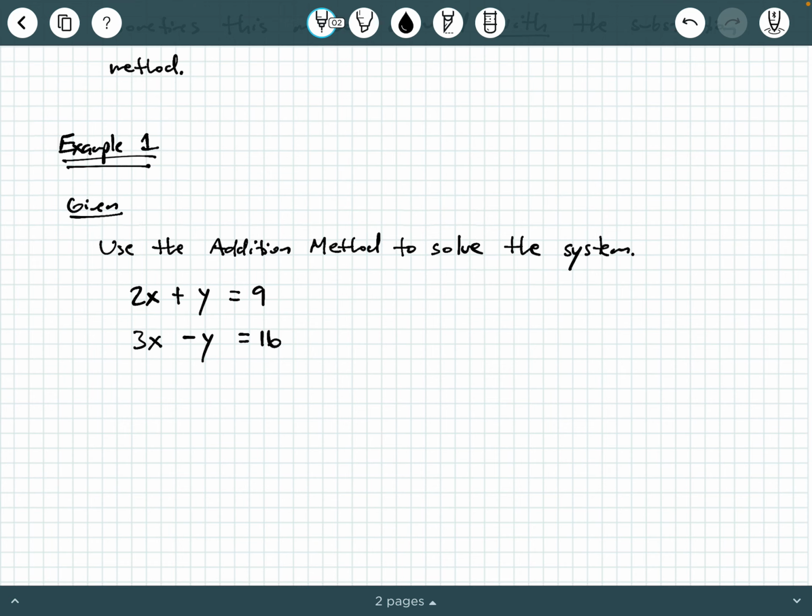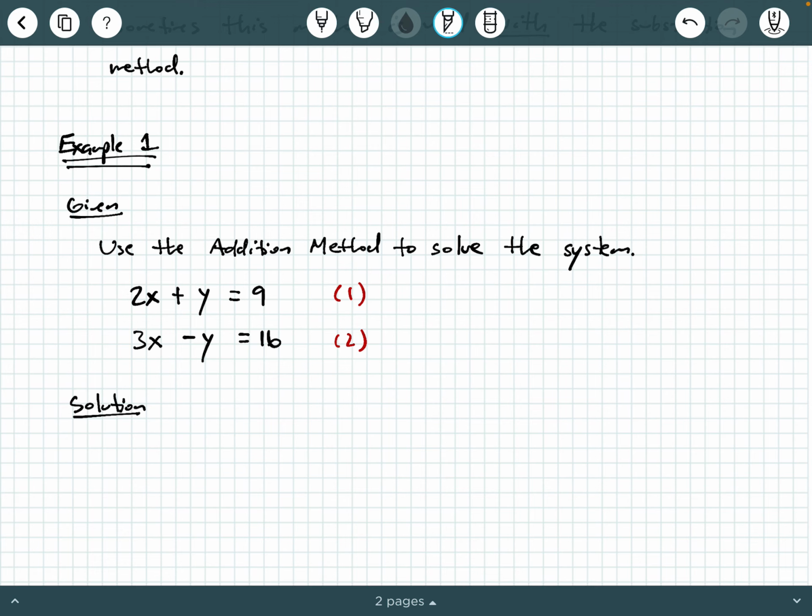Here we have two equations with two variables, so it's a system of simultaneous equations, and we can call this equation 1 and equation 2. From my other videos, I like to label my equations to help me stay organized. Solution: to use the addition method, we want to add a multiple of one of the equations to the other equation in order to create a convenient elimination of one of the variables.